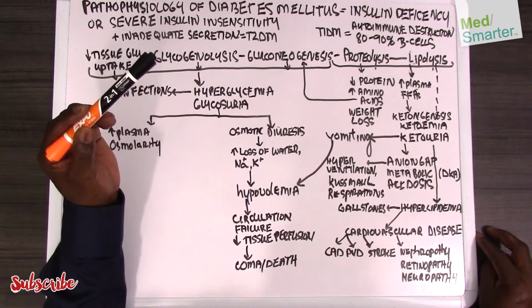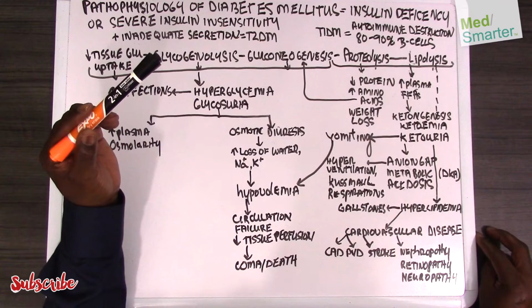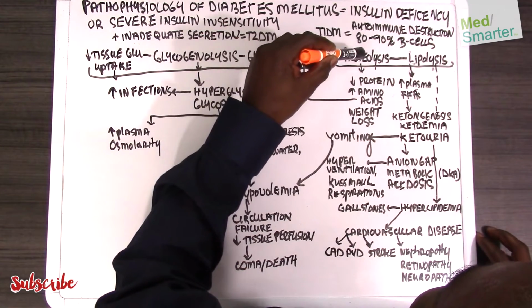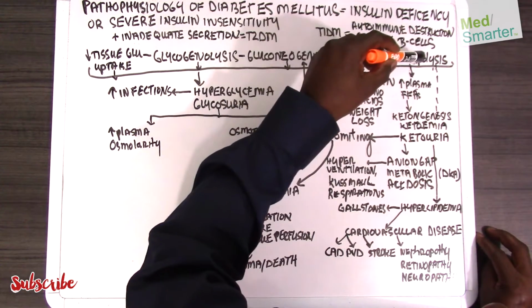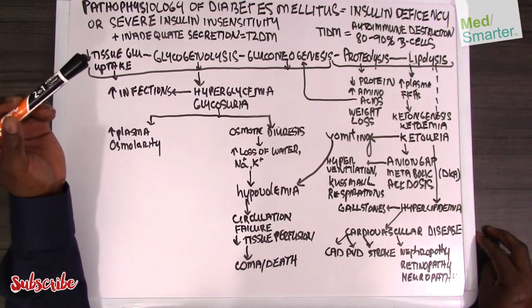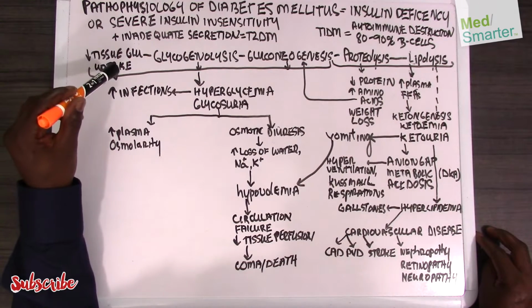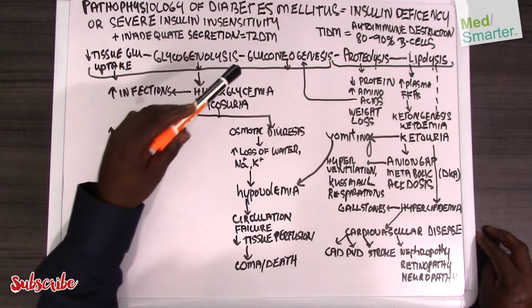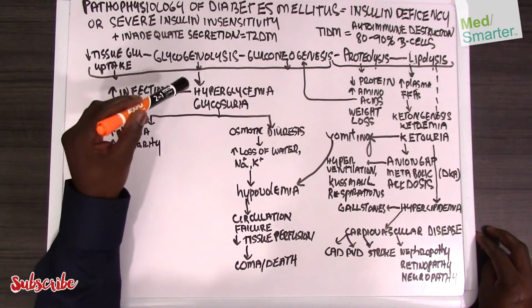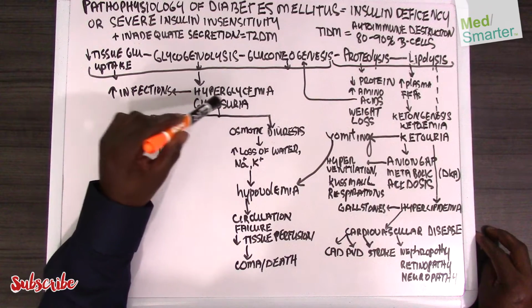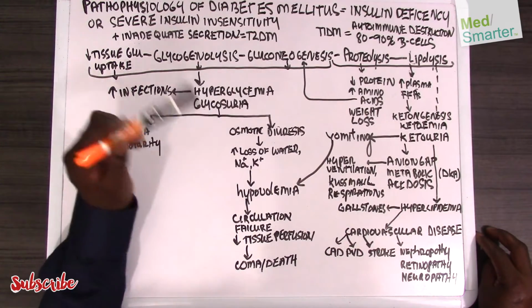As a result of this decreased glucose uptake by the cells, there is also going to be proteolysis and lipolysis.